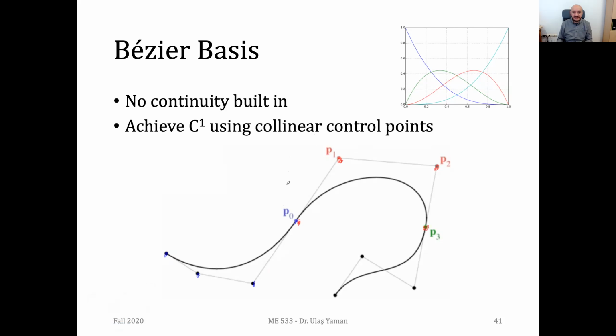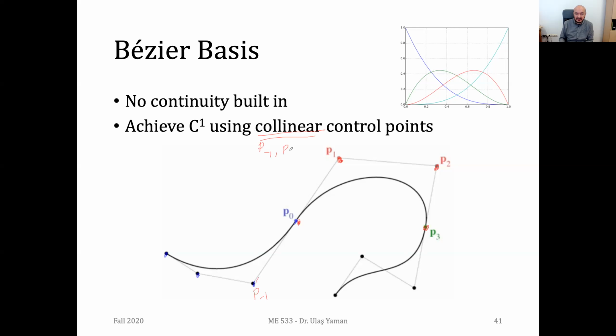So what we do here is that we try to adjust the control points so that they will be collinear. If you look here, for instance, P-1, P0, and P1 are all on the same line. We can say that they are all collinear.